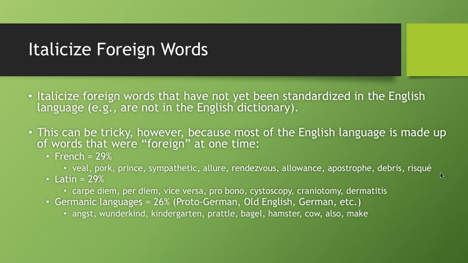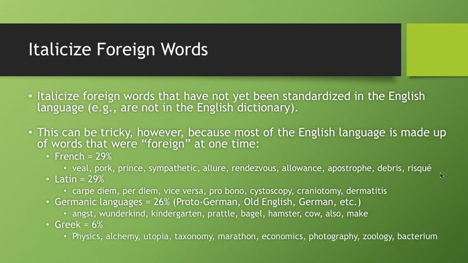And the Germanic languages are responsible for about 26% of the English language, including Proto-German, Old English, Middle English, German, etc. And these are words like angst, wonderkind, kindergarten, prattle, bagel, hamster, cow, also, make. And these are words that we took, and again, very common words like bagel, right?